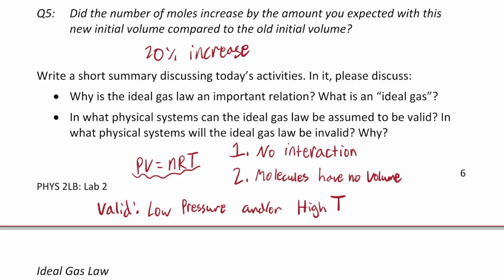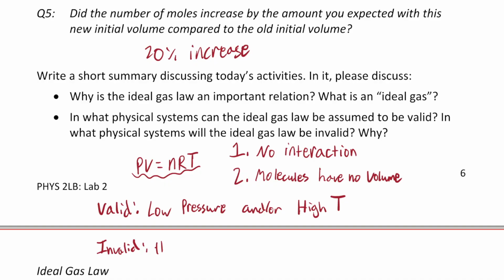And if they're really far apart on average, which I think is called the mean free path, but don't quote me on that, then they're not going to interact. Again, we said ideal gases have no interaction, but obviously real gas particles do interact with each other. So we can only say that they have no interaction essentially if they interact very rarely, which happens when they're far apart from each other. And then for high temperature, if they're moving really fast past each other, then they don't have enough time to really interact.